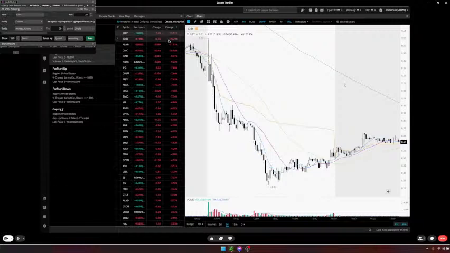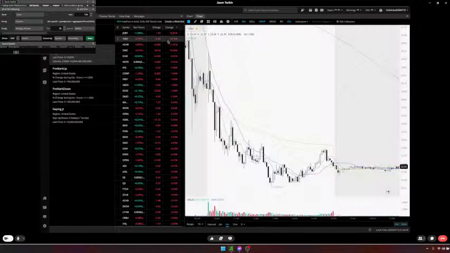Let's see, TOST. Very choppy. But there are entries. Like this is tough, but that's an entry. There's an entry right here. There's an entry right here.